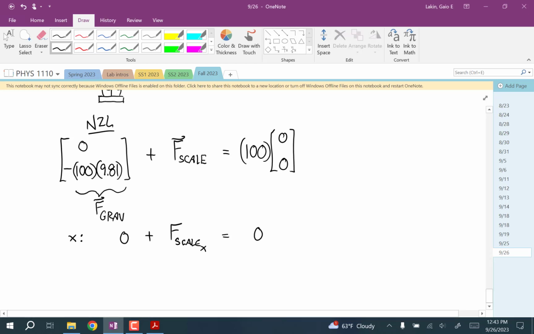And if you solve for that variable F scale x, you get that the x component of the force applied to the man by the scale is 0.